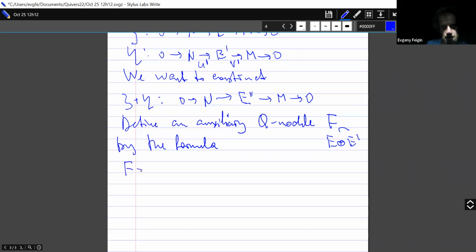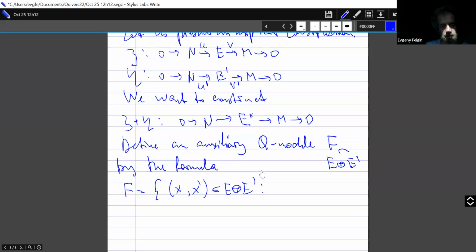So F consists of pairs x, x prime in E plus E prime, such that V of x equals V prime of x prime.